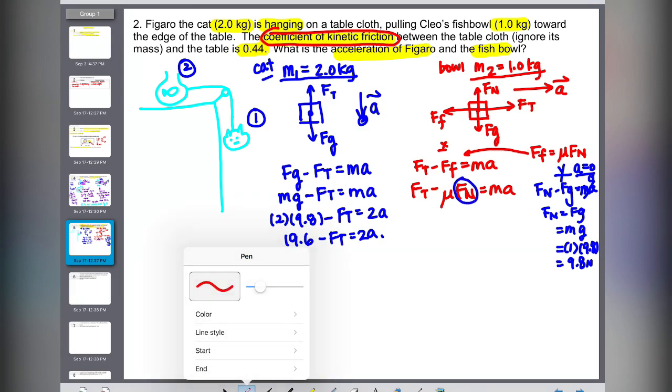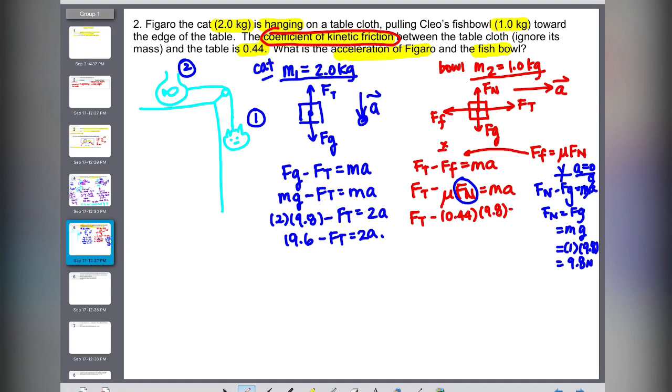So now I can sub that into this Fn. So Ft minus, I do know mu. They gave it to me in the question. Mu is 0.44. Mu means coefficient of friction, right? Times the Fn that I've calculated to be 9.8 equals the mass times the acceleration.